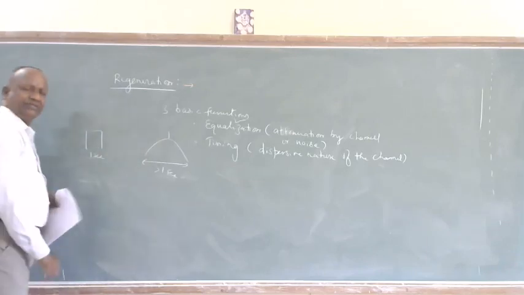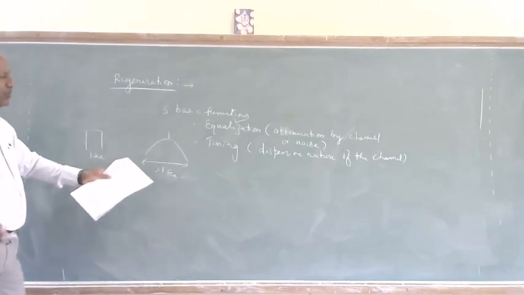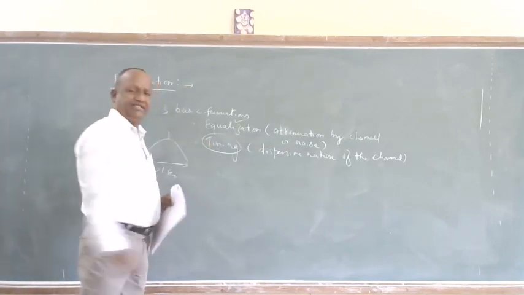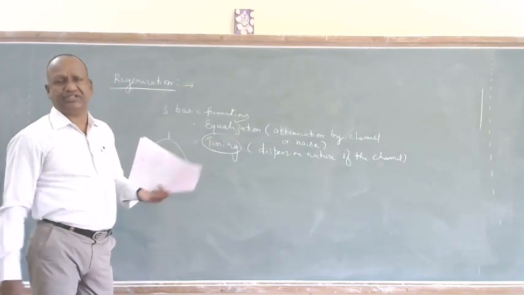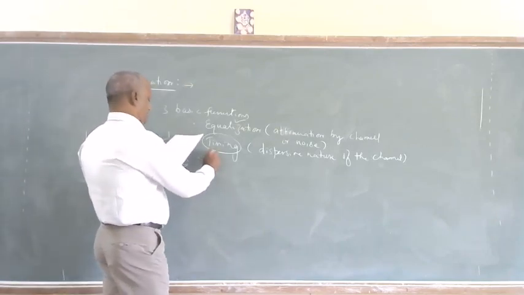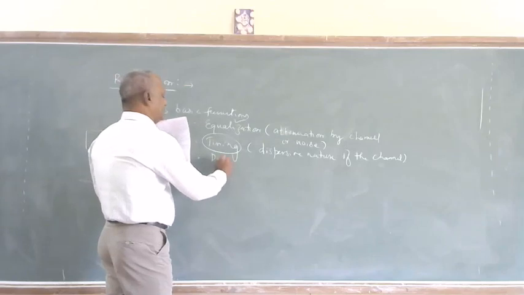The spread in time is called dispersion. Dispersion affects the timing mechanism, which will shift or change. Then the third function is decision making.